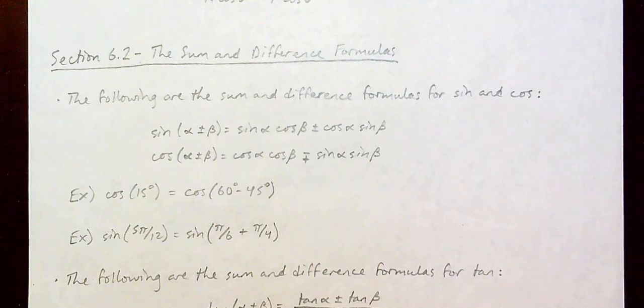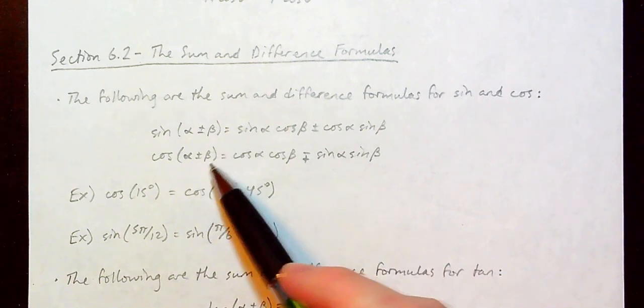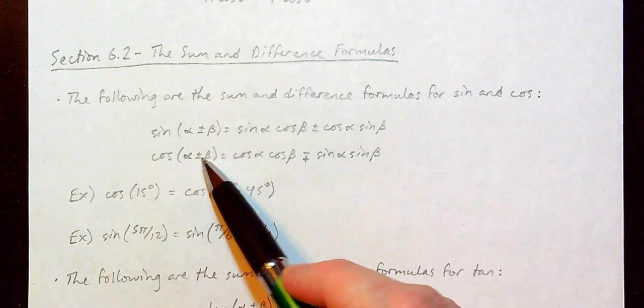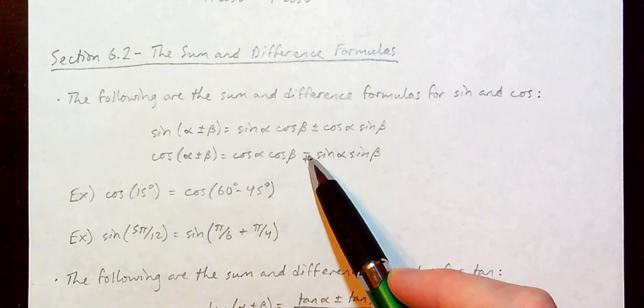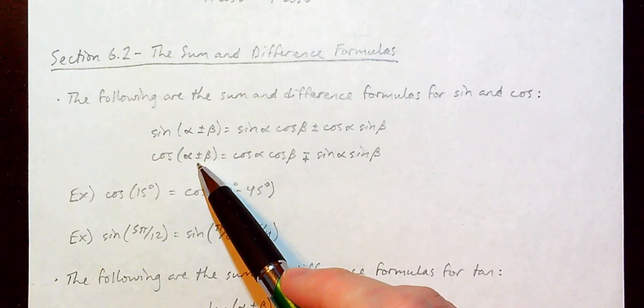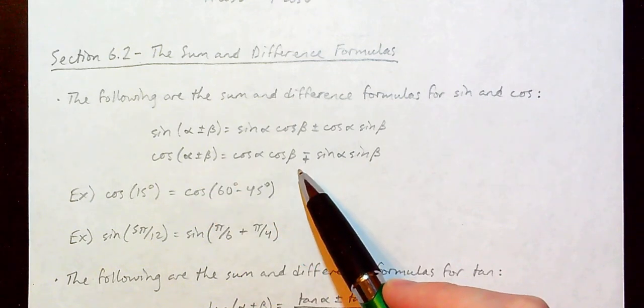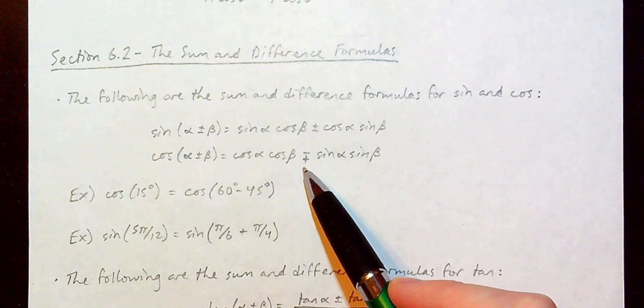For cosine of alpha plus or minus beta, it's not plus minus over here, it's actually switched. So for cosine, if you're doing the sum of angles on the left, on the right-hand side you're going to be using a minus sign. And if you're taking the difference of two angles on the left, you're going to be putting a plus sign in the middle on the right-hand side.